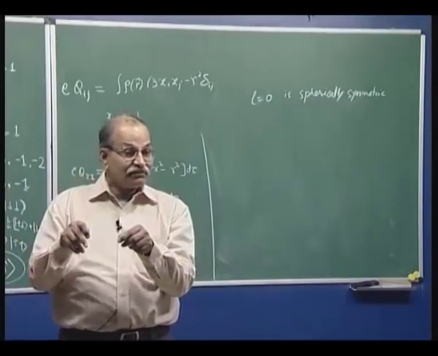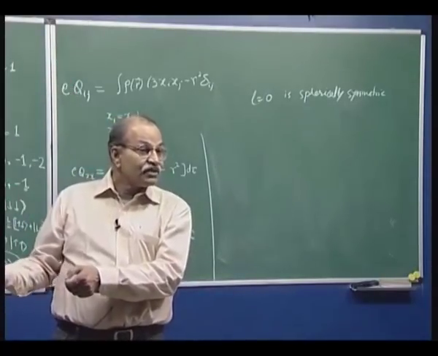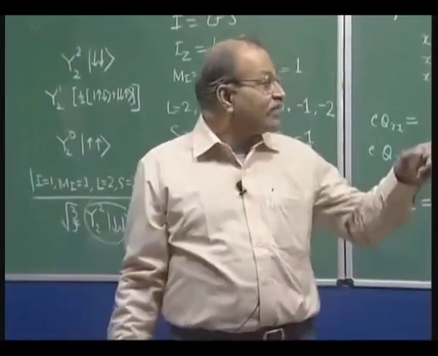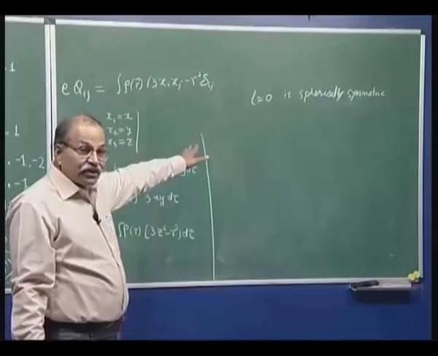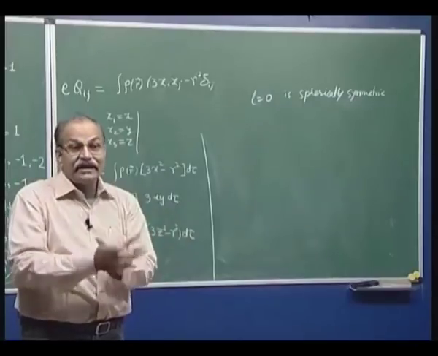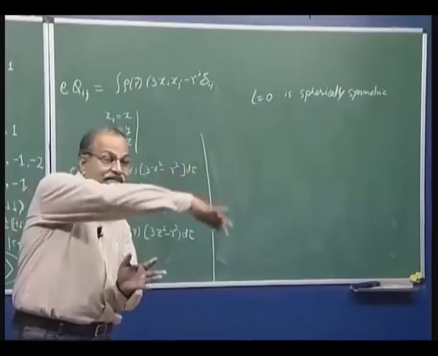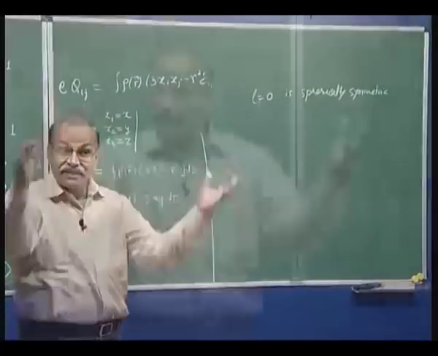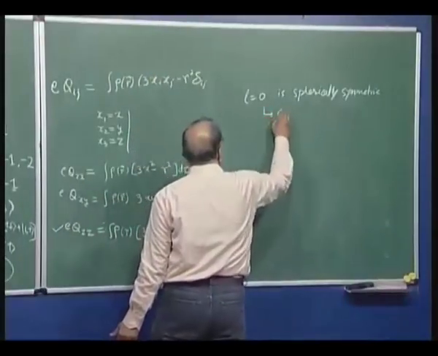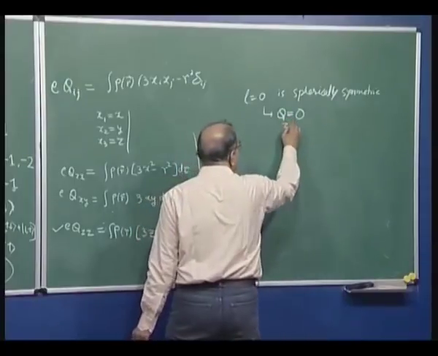Spherical harmonic, capital Y with 0 at the top, that is just a constant, square root of 1 by 4 pi, and theta phi dependence is coming from here only. So, if it is a pure L equal to 0 state, its wave function, and hence that charge distribution, the probability of finding the charge here and there, is spherically symmetric. And if this is spherically symmetric, it should correspond to Q equal to 0, right, QZZ equal to 0.